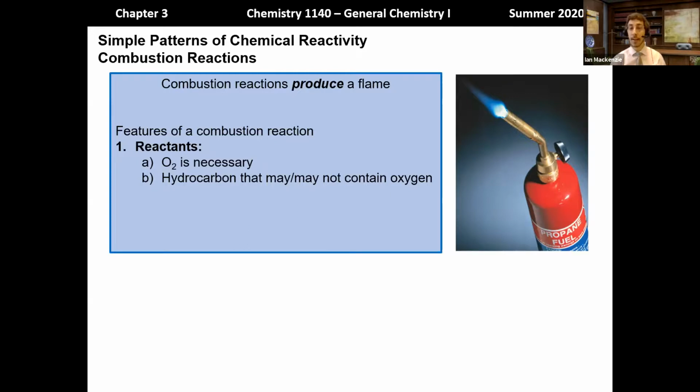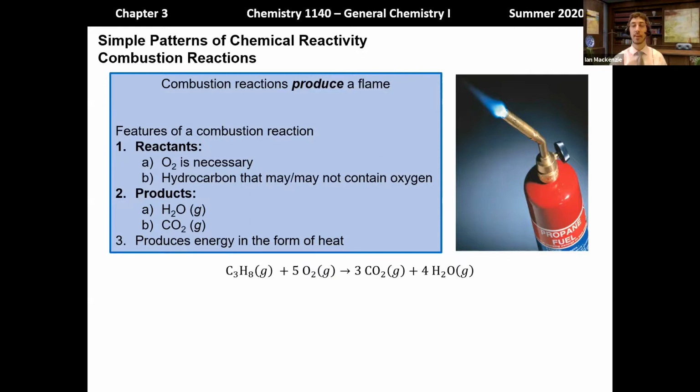It may or may not contain oxygen, but it is composed primarily of carbon and hydrogen otherwise, hence the name hydrocarbon. On the product side, it is also very simple. Most combustion reactions produce just water and CO2, both in the gas form. And the last part is that it produces frequently a ginormous amount of heat as a form of energy.